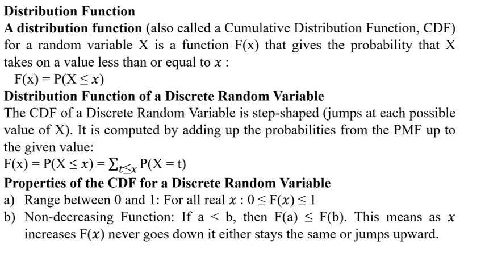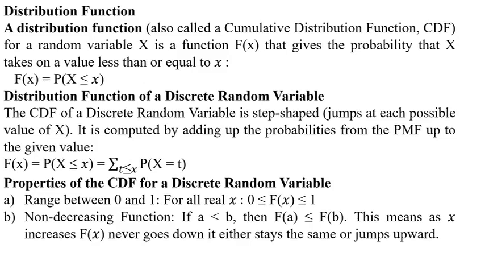probability mass function, because I told us that we use the probability mass function for a discrete random variable. So by adding all the probability mass function up to the given value, we get the CDF, while the PMF is the probability mass function.